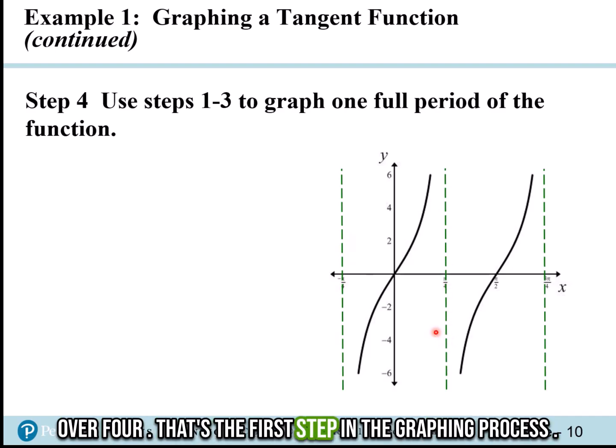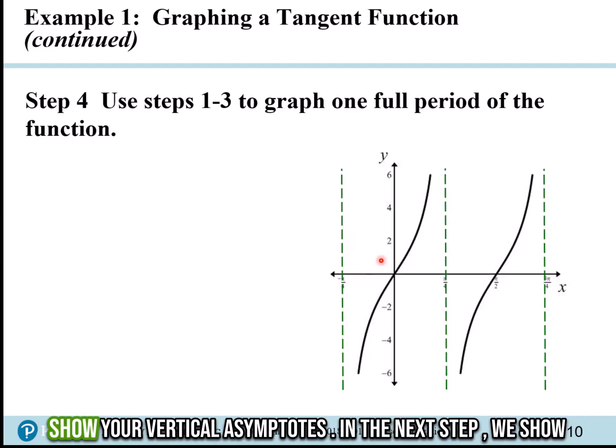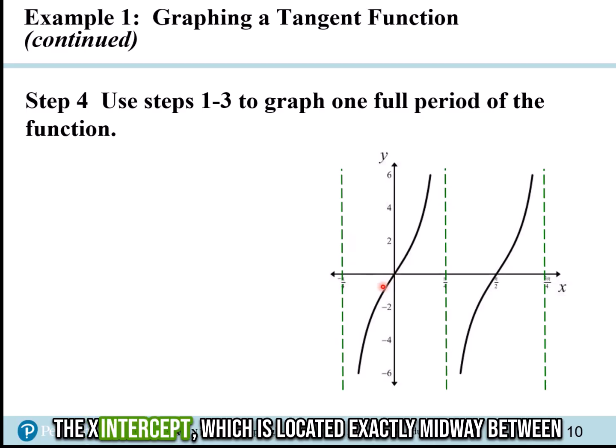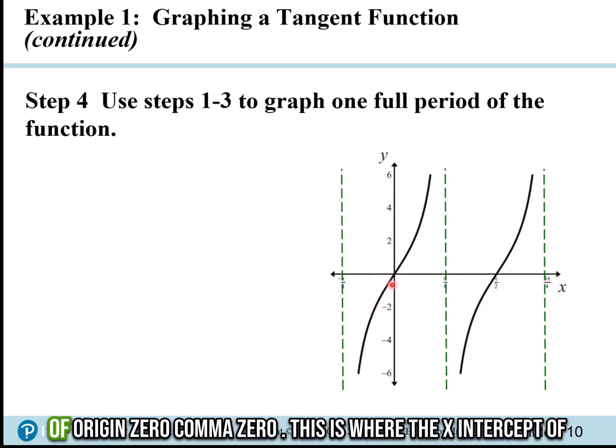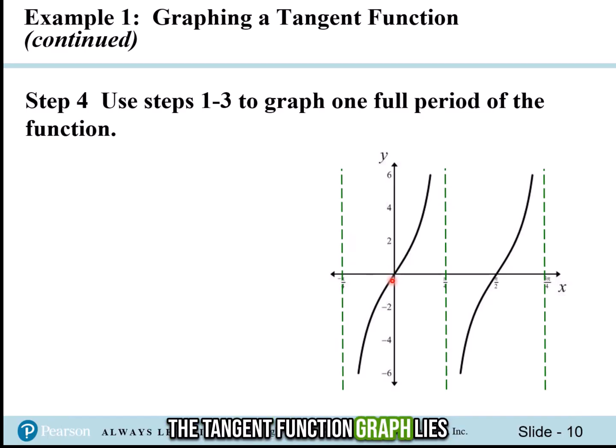That's the first step in the graphing process. In the next step, we show the x-intercept, which is located exactly midway between the two vertical asymptotes. In this case, it's at the point of origin 0, 0.